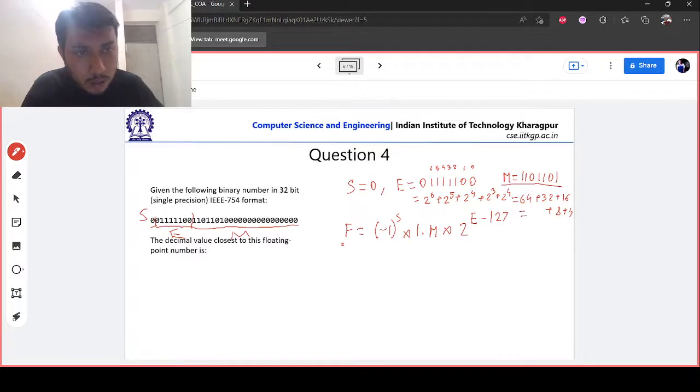So that gives the value of 124. So the E value is 124. Now we have to find the value of m.